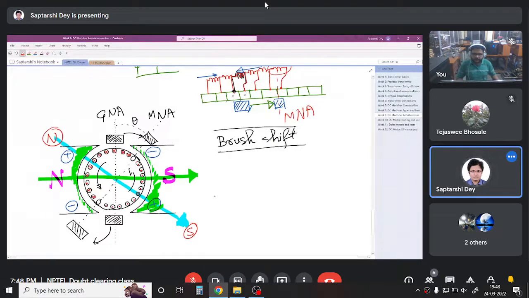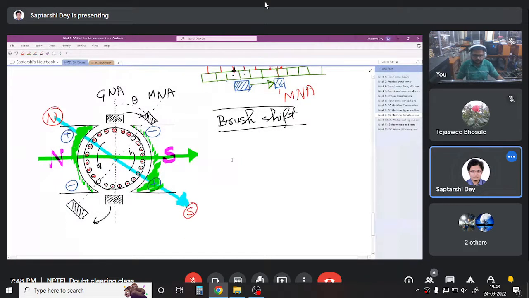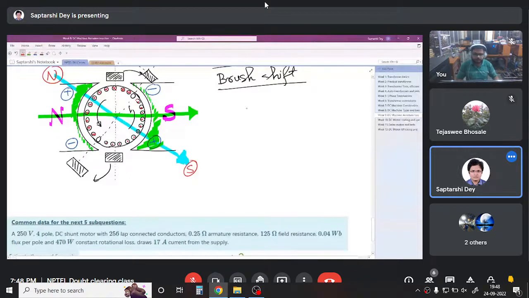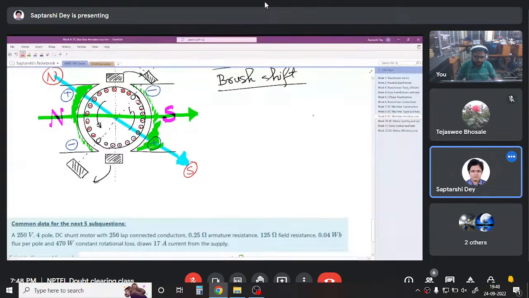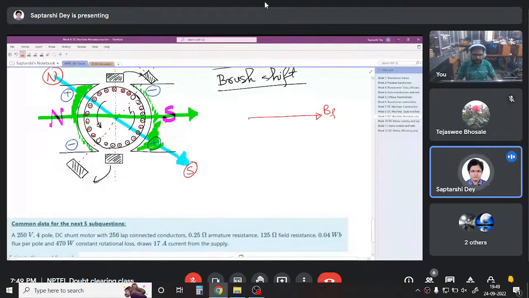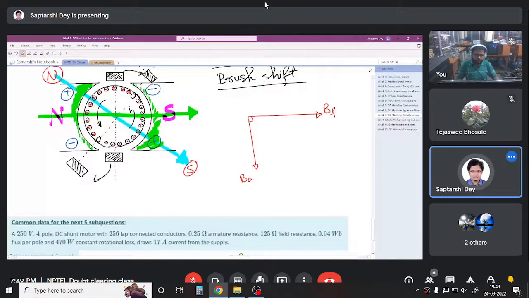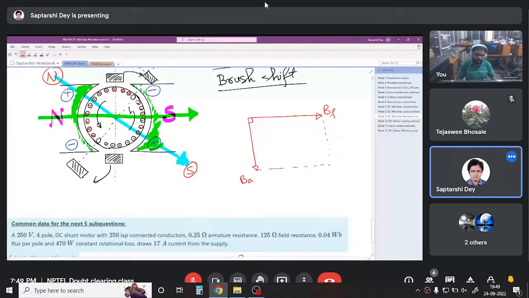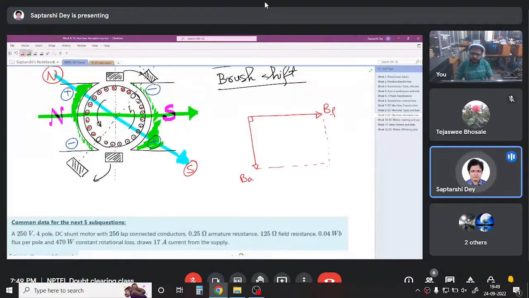The ill effect comes from this fact. You see, suppose this is the field of the armature, the magnetic field winding. This is the field of the armature, perpendicular to each other. And I had the resultant here.